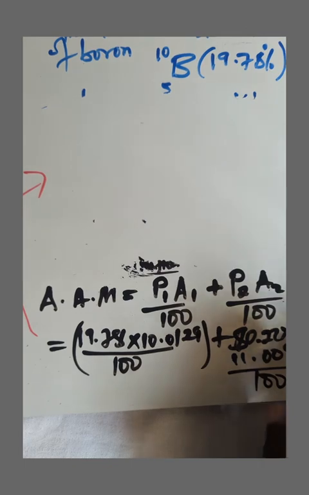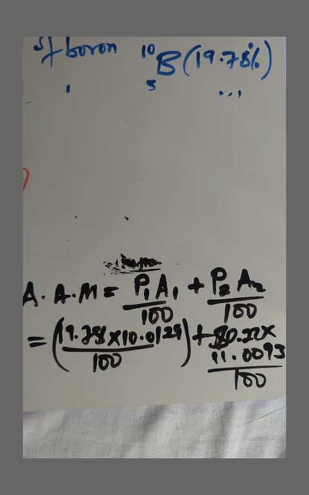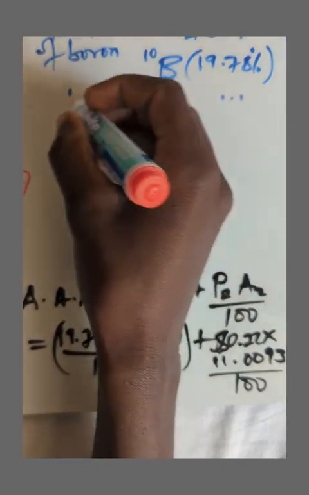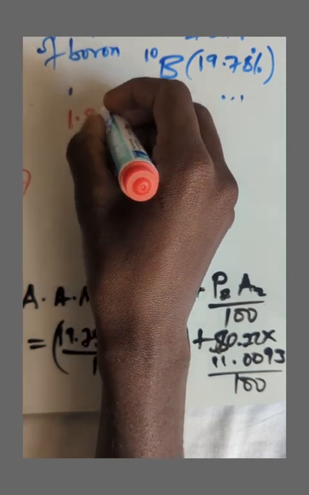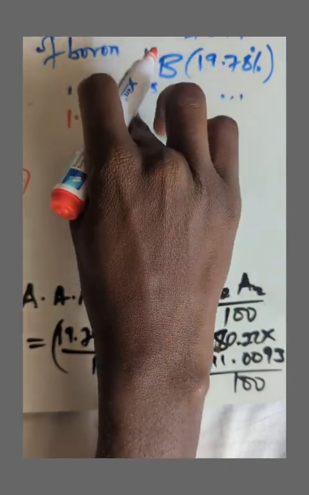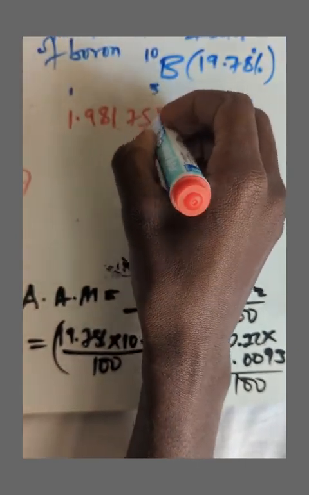So we have 19.78 by 10.0129, divided by 100. For the first one you get 1.9817582.